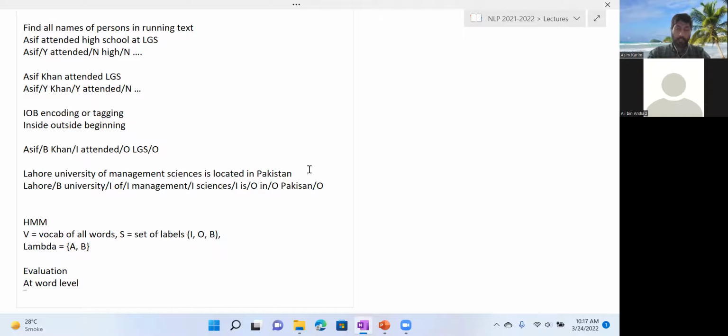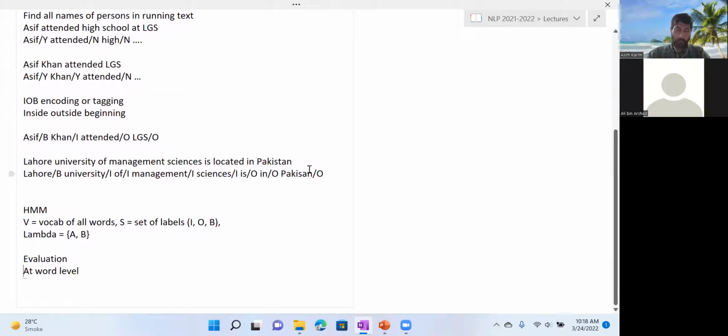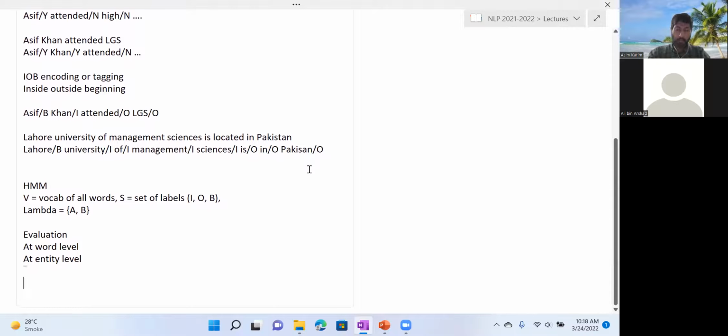But sometimes in the NER problem, we will also like to do evaluation at entity level, because that gives you a clearer picture of how many entities the model has correctly identified. So for example, let me go back to my example.